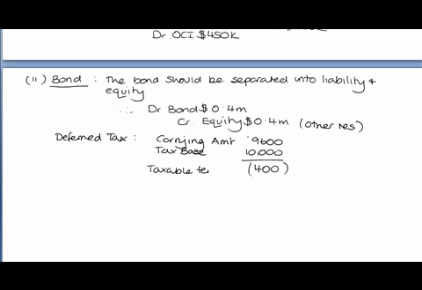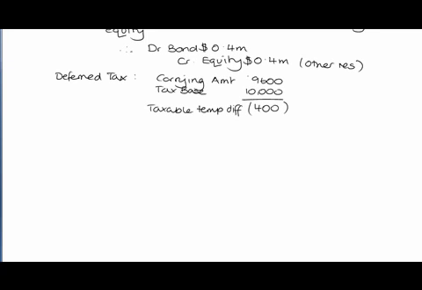If it's a negative on an asset, it's a liability. If it's a negative on a liability, it's a deferred tax asset. So our deferred tax asset is 400 times 30%, which is 120.